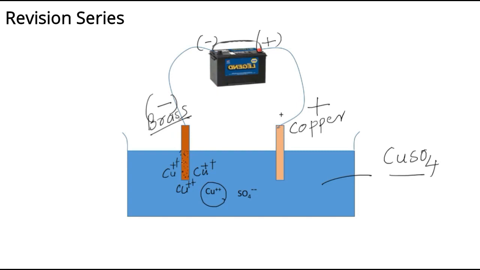There will be a kind of copper painting over it. Because of that, the copper in the solution will be getting used up, and it is replaced by this copper rod, which will start becoming thinner and thinner because it gives Cu++ to the liquid. In a way we can say it starts dissolving into the liquid.